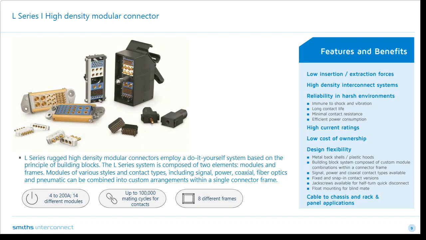It's got building blocks of different custom modules, which I mentioned. There's a fixed and snapped-in contact version, and a jack screw available for quick connect and disconnect. And finally, the floating mount for blind mating is also available, so that it makes your life of connecting and disconnecting in a blind mating operation easy.